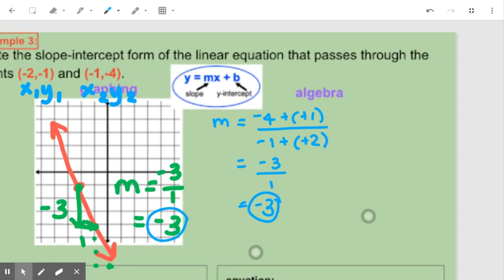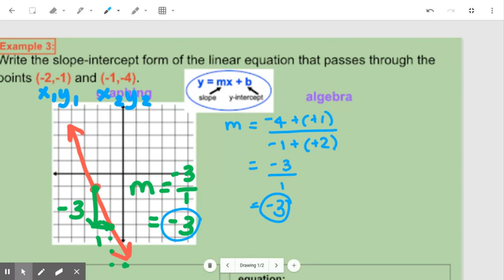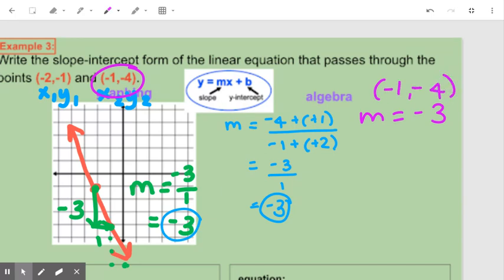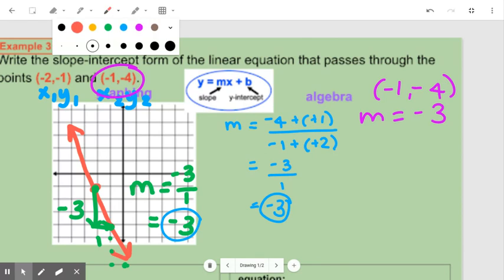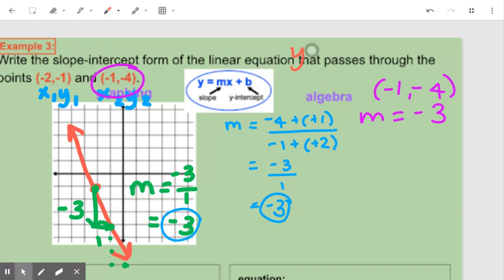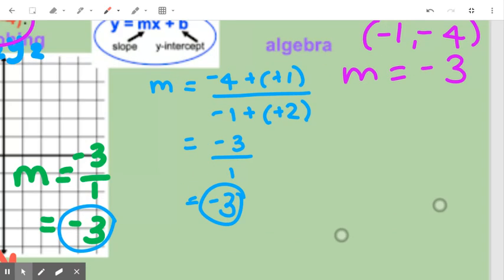So now I'm going to take my slope of -3, and I'm going to take my point. Let's use this one. So my point is going to be (-1, -4), and I'm going to fill those numbers into my equation, which is y equals mx plus b. So this is the third time we've done this with these examples.